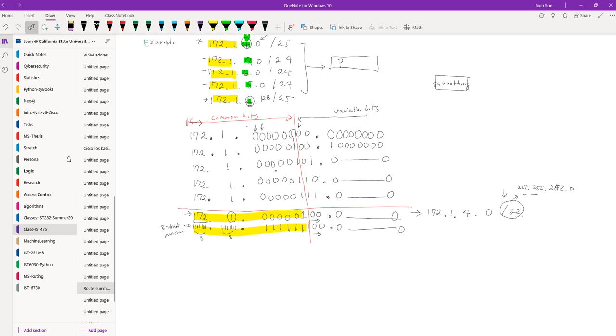So let's write it. Basically, subnetting is a process of lengthening the mask to create multiple smaller networks, or you can call it multiple smaller subnets, from a single large network.